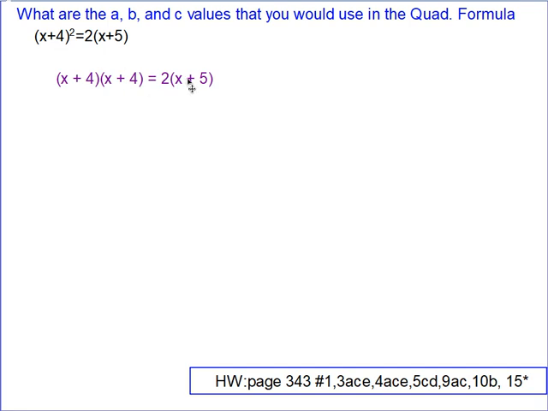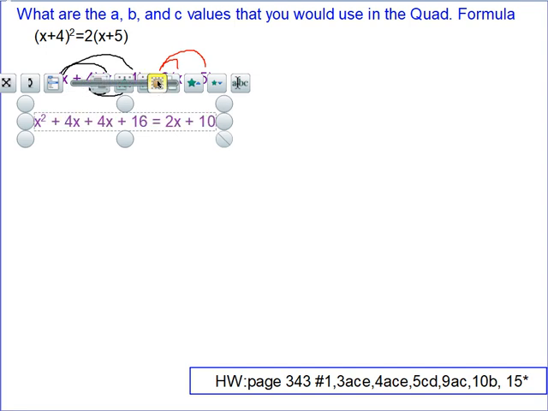This right side I haven't done anything to just yet. And we can continue expanding by using FOIL, right? We can FOIL this out. And also on the other side here, we can use the distributive property. Check that out. So lots of expansion going on here.